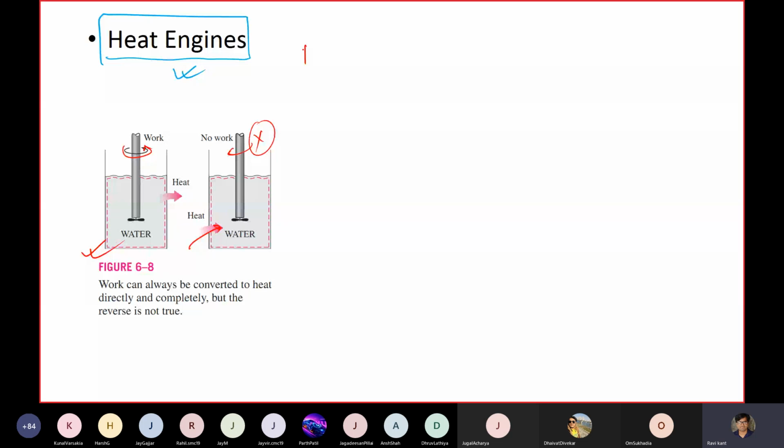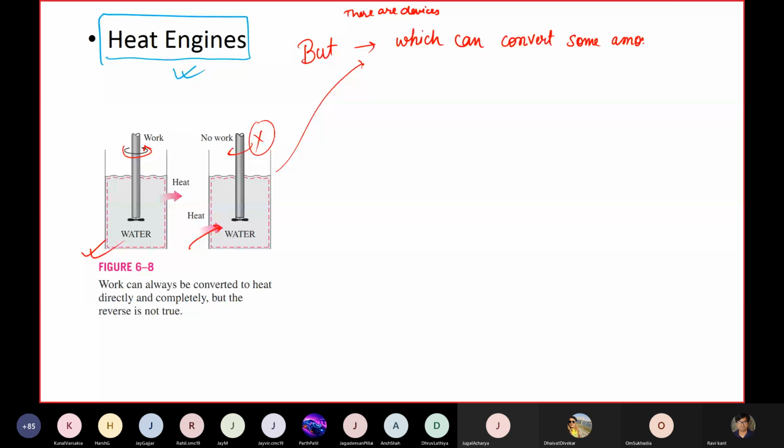But there are some devices which can, in an advantageous manner, convert some amount of heat into useful mechanical work.